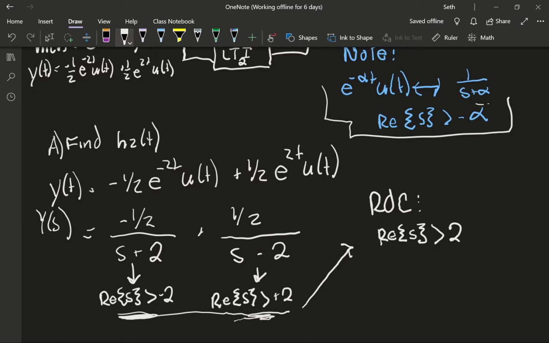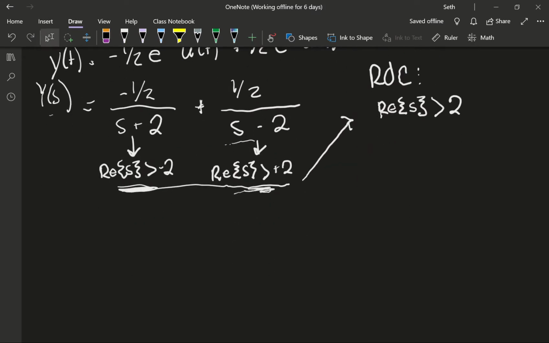So the summation of them can only converge for values of s greater than 2. Otherwise, for values less than 2, this bit wouldn't be converging, so y of s wouldn't be converging.